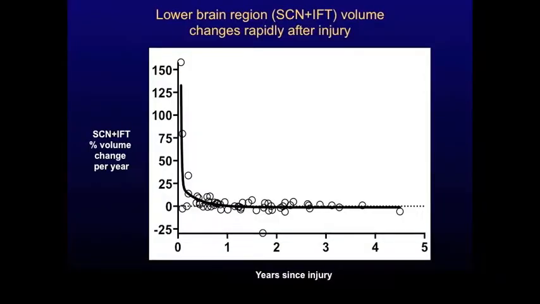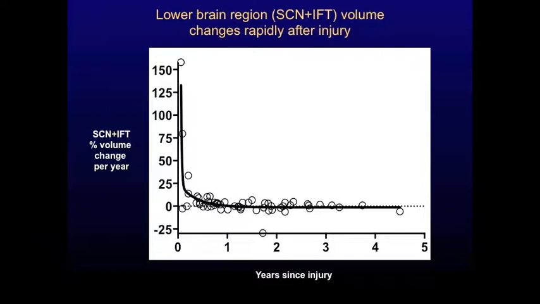For the lower brain regions, subcortical nuclei and infratentorial regions, we also saw dramatic changes, but in this case we saw enlargement of these lower brain regions, especially close to the time of the accident. So within the first few months, there are a few patients greater than about 10 or 15% per year enlargement of brain volume.